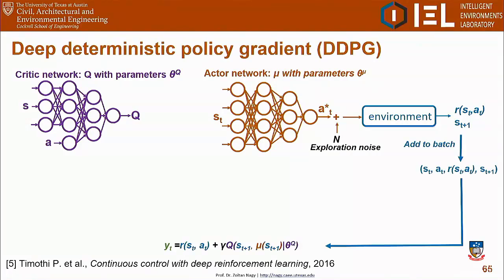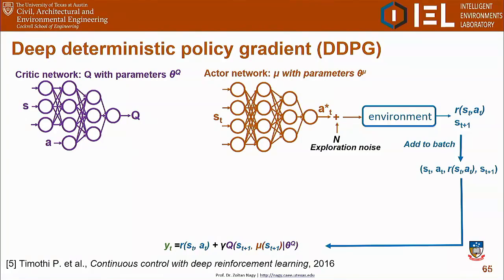Then we obtain a tuple, or a set: the state, the action that we took, the reward that we obtained from the environment after taking this action under this state, and then the next state.